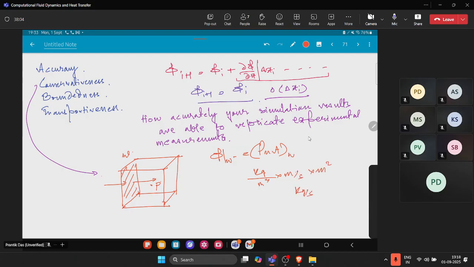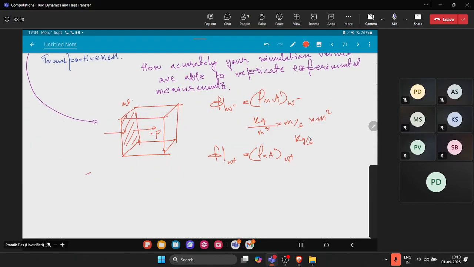W minus means the left hand side of the west face. This should be equal to the flux at W plus, or the mass flux, rho UA at W plus. So the left hand side should be equal to the right hand side.